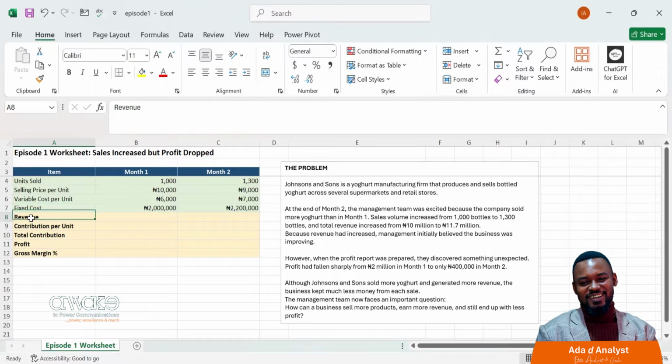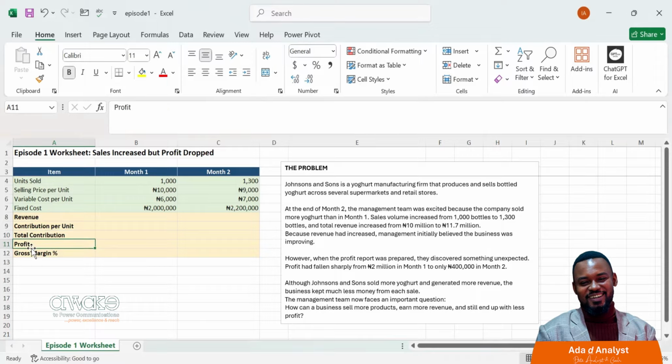The revenue here is the total money collected from customers before any costs are removed. Then the contribution per unit is the amount left from one product after removing the direct costs of that product. Then our total contribution is the total amount left from all products sold after removing the direct cost.